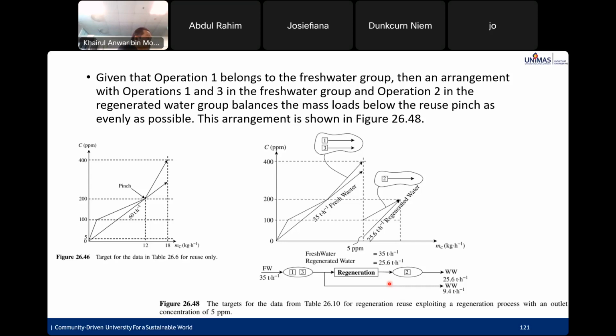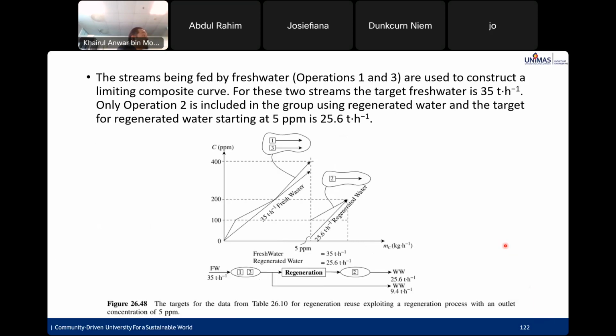The target for the data from table 26.10 for regeneration reuse expects a regeneration process with an outlet concentration of 5 ppm. The streams being fed by freshwater are used to construct a limiting composite curve. For these two streams, the target freshwater is 35 ton per hour. Only operation 2 is included in the group using regenerated water, and the target for regenerated water starting at 5 ppm is 25.6 ton per hour.